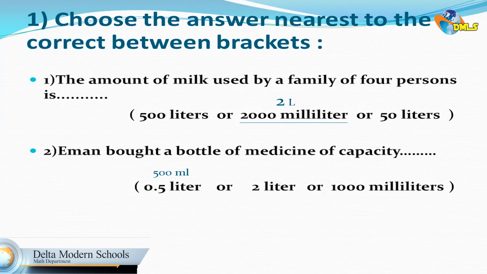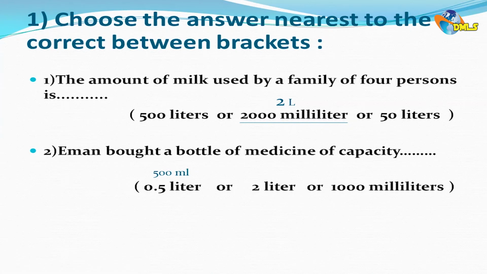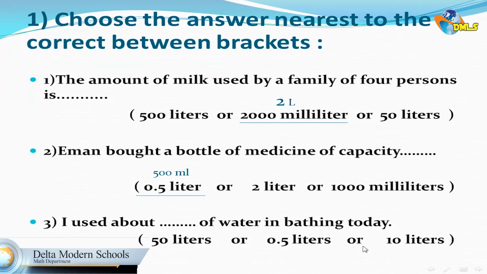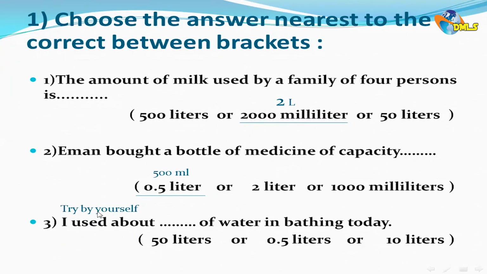So if you look at a bottle of medicine, it can be 500 milliliters. So this is the right answer. Question number 3. I used an amount of water in bathing today: 50 liters, 5/10 liters or 10 liters. Now it's your turn. Please try by yourself.